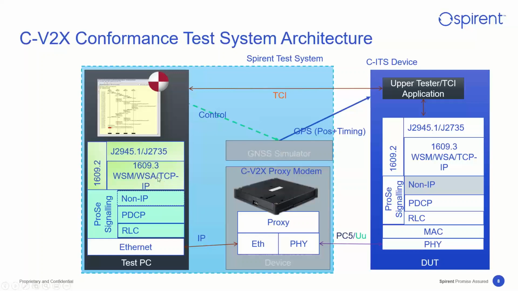So we can create messages as per all these standards. We can transmit those either directly, as I mentioned, or through the RF. We can decode and analyze all messages that we receive, and we have a mechanism for validating the requirements as per the test specs automatically. So it's a push button solution.